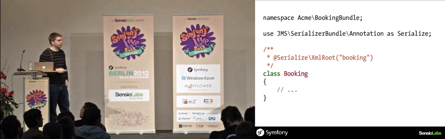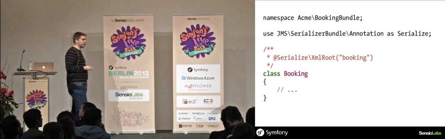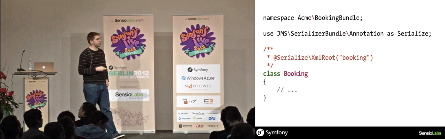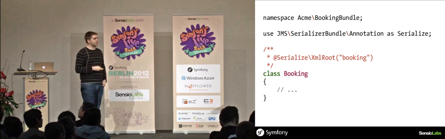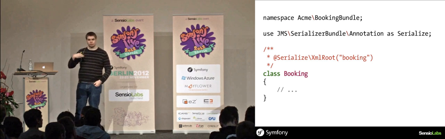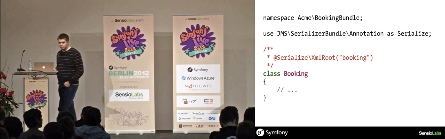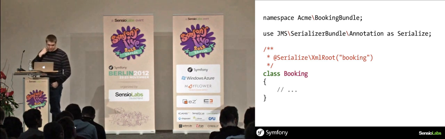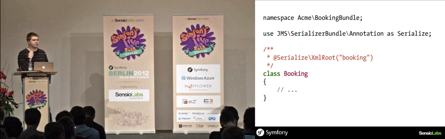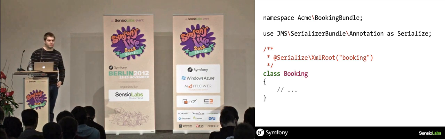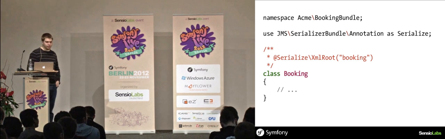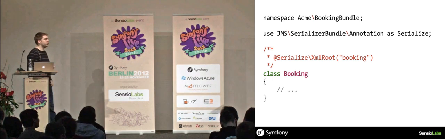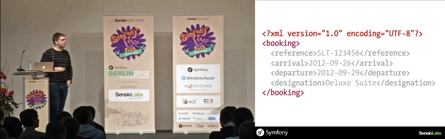So you can simply use the @Serializer\XMLRoot annotation on top of your class, and you specify the root node when you convert your PHP object to an XML output. So the root node will be booking instead of the generic name, which is results. So we have a booking root node and then the encoded properties.